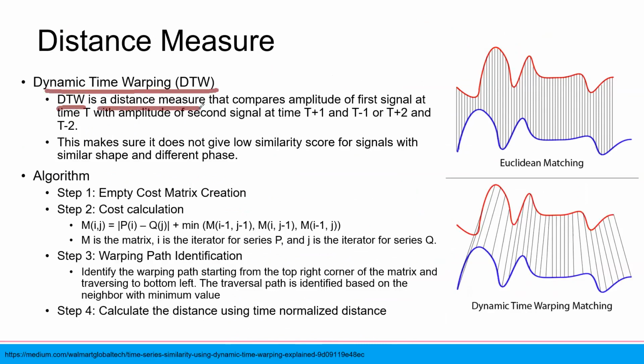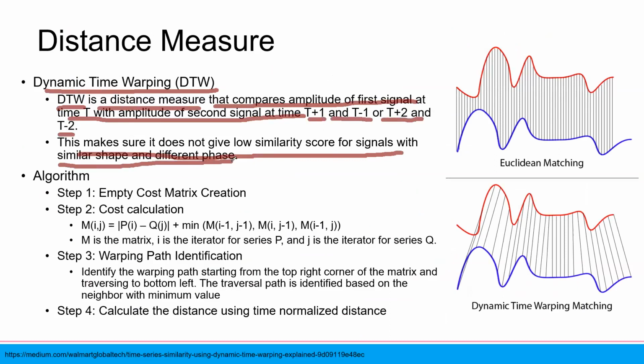It is a distance measure that compares the amplitude of the first signal at time t with the amplitude of the second signal at time t plus 1 and t minus 1, or t plus 2 and t minus 2. So this makes sure that it does not give a low similarity score for signals with similar shape and different phase.